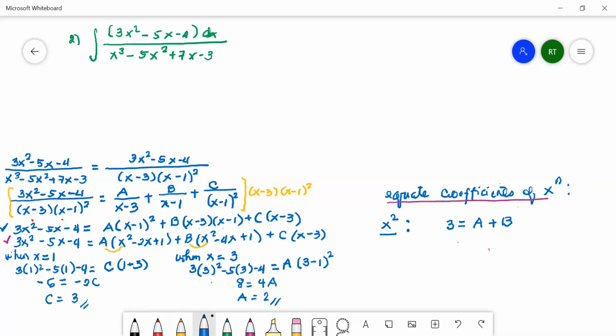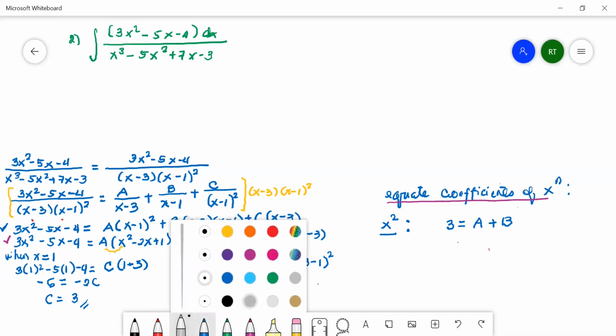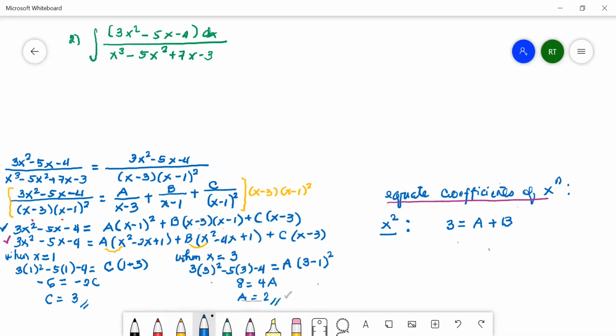We were able to generate an equation in terms of a and b. But we have already computed the value of a, which is 2, right here. Therefore, we can now substitute the value of a in the resulting equation. 3 is equal to a plus b, so we will have 3 is equal to 2 plus b.